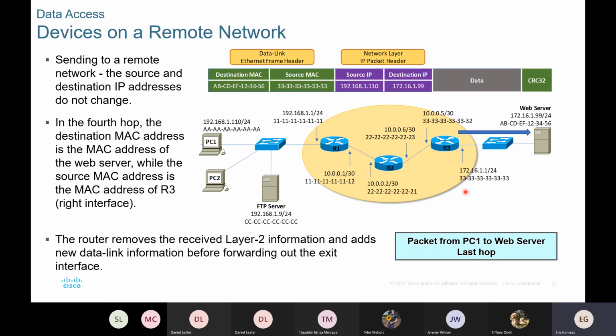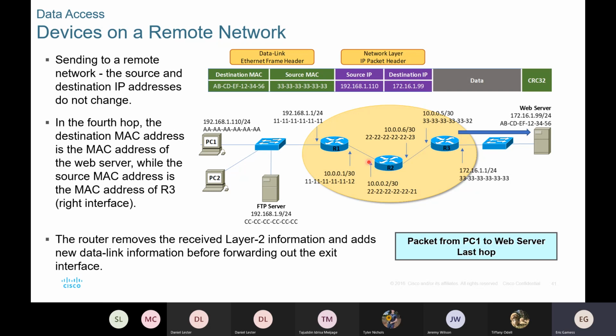So what you have to memorize is that for each hop, the layer 2 addresses are going to change, but the layer 3 addresses are going to be the same. They don't change in layer 3. They will change in layer 2, because MAC addresses or physical addresses are local to the link where I am.